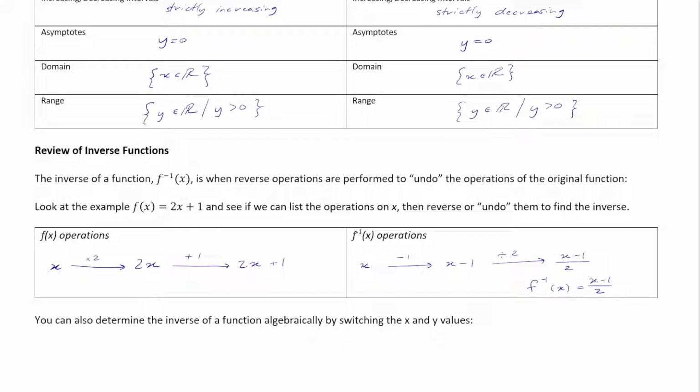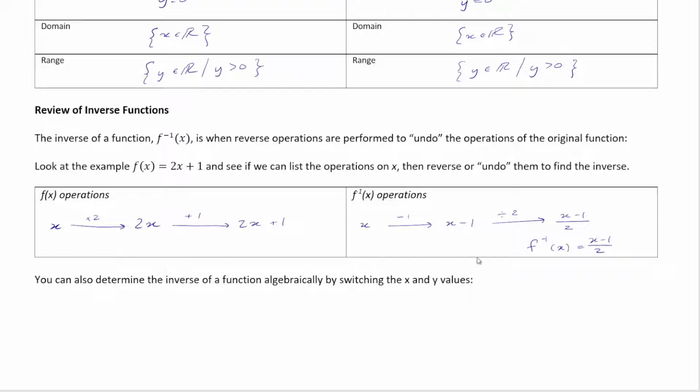We can also achieve this algebraically by switching the x and y values of the original function. So I'll write the original function in blue here, and I'll say that if f of x is equal to y, so we just say y is equal to 2x plus 1, to find the inverse, we switch the x and the y values. So we would have x is equal to 2y plus 1.